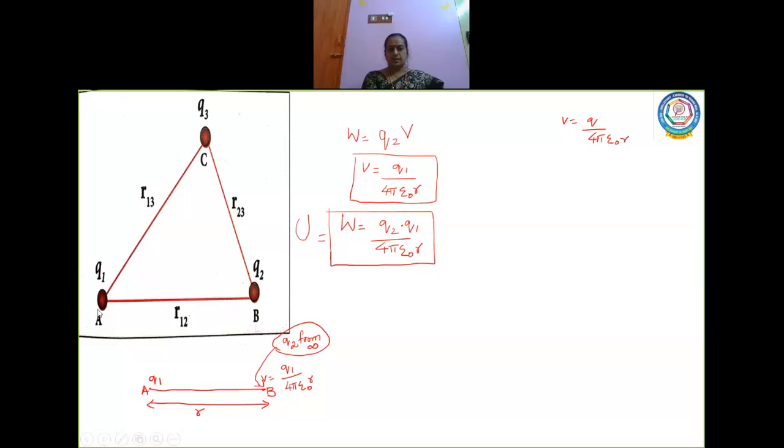First Q1, I'm bringing it to point A. There is no work done, so Q1 will come here and create a potential at B, which is equal to Q1 by 4 pi epsilon naught R. I am going to bring a charge Q2 from infinity to point B. To do this, I need to do some work, which is equal to Q2 into V. I know the potential V is equal to Q1 by 4 pi epsilon naught R at B due to the charge Q1 at A. So this is the work done, and this work done is stored as potential energy.